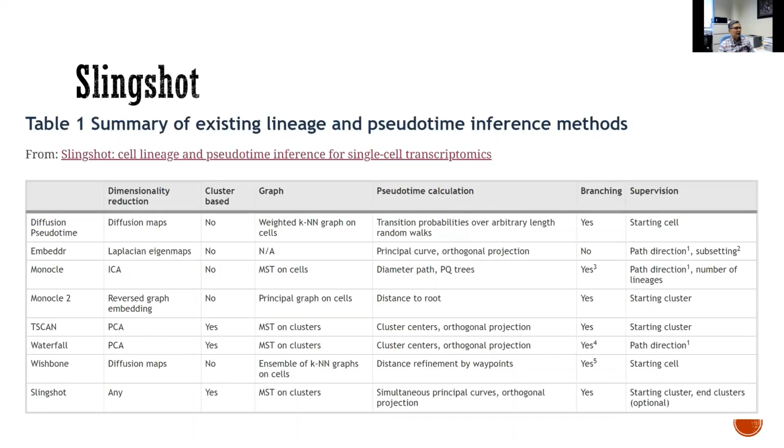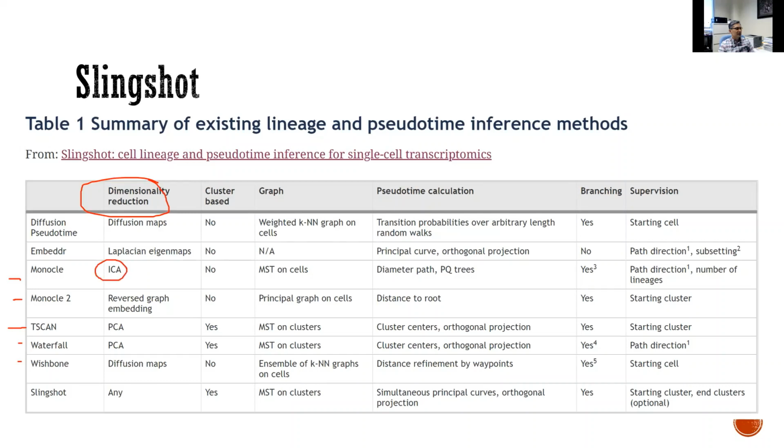And the summary from the Slingshot publication compared to other packages like Monocle 1, 2, and there are other tools, and then TSCAN we'll mention, and they use different dimension reduction algorithms.